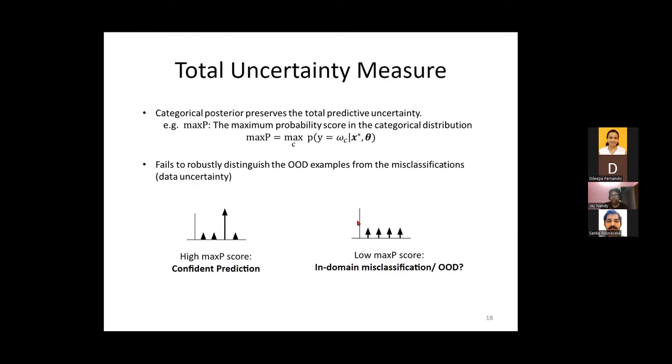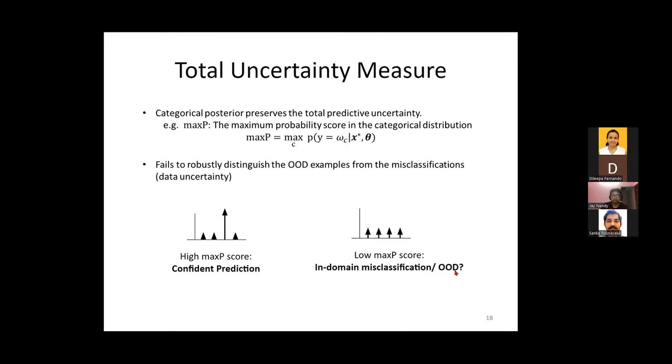And if the classifier can detect some uncertainty, but it cannot detect why this uncertainty is coming, whether because of misclassification or out of distribution, then we are going to get a representation like this, which is uniform across all the classes, right? So in this case, again, we cannot distinguish between misclassified examples and OOD examples, right?